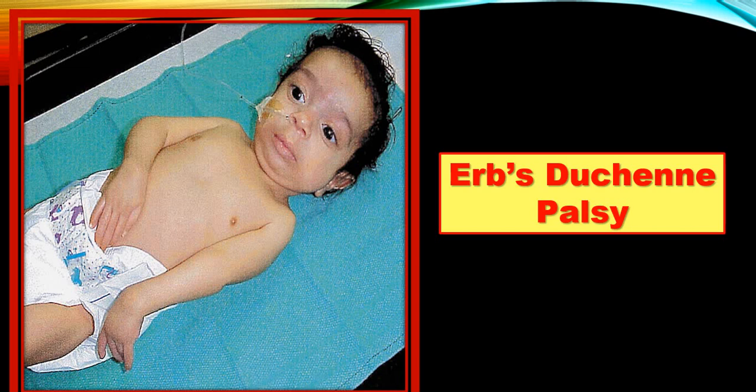In Erb palsy, the nerve roots injured are the 5th and 6th cervical nerves, C5 and C6, and this is the most common form of brachial plexus palsy. The arm is put in adduction, internal rotation, full extension of the elbow, pronation of the forearm, and flexion of the wrist and fingers, and this is called the waiter's tip position.